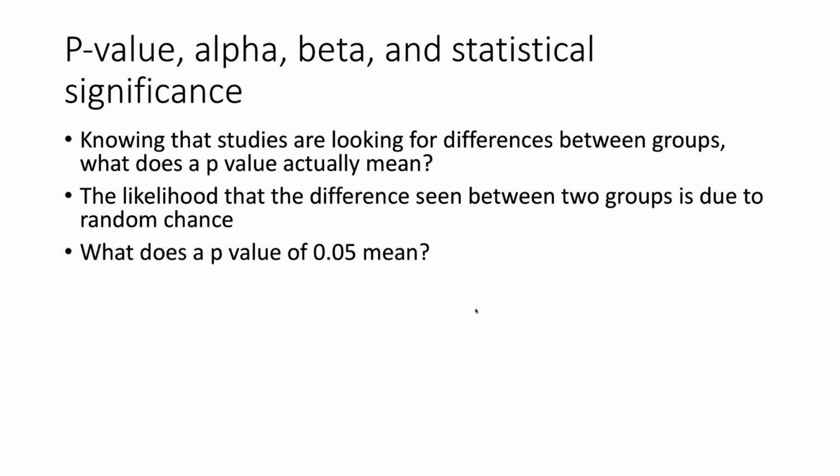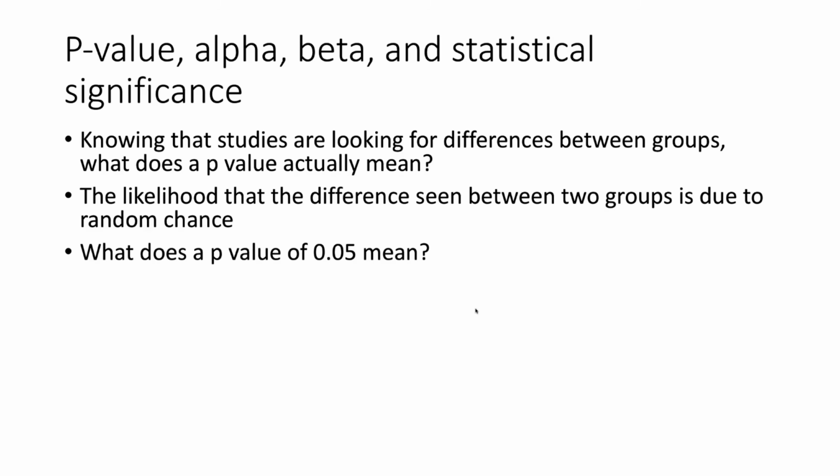In other words, is it due to random chance, which, for the difference between 0.12 and 0.11, is probably yes, or is it an actual real difference? We don't know this for certain. All we have is this p-value, which says, what is the likelihood that the difference that we're seeing, because you're always going to have differences, is actually because the 2 groups are truly different, or is it because of random chance?